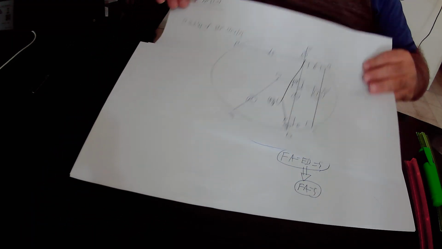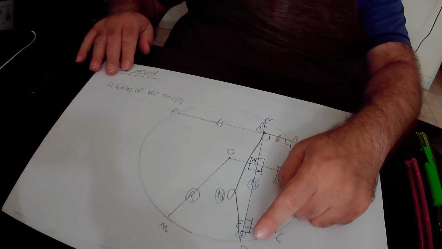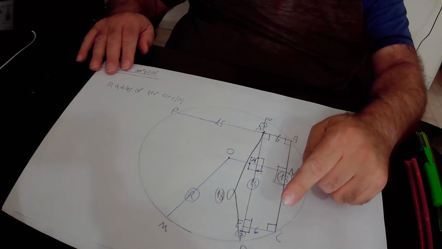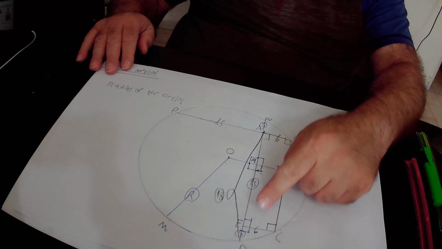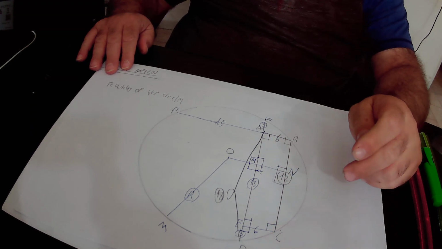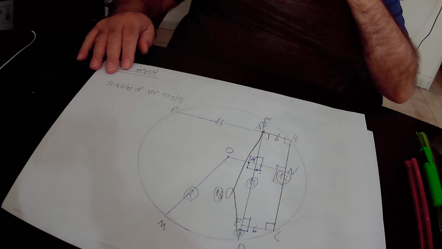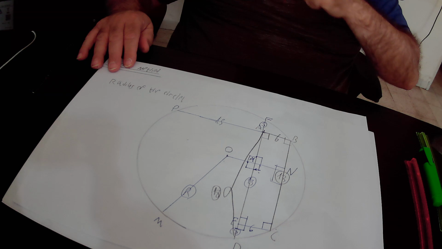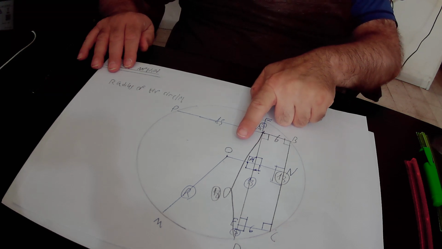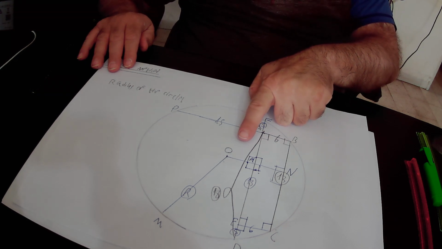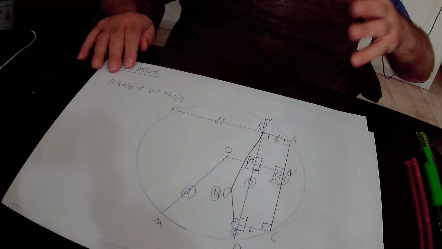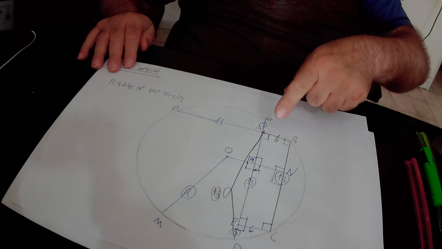Then, in the next step, we extended line segment DA until it touches the circle at point F. By doing this construction, we get a chord called FD. And here, ON is perpendicular to chord BC. ON is perpendicular, it must be a straight line.